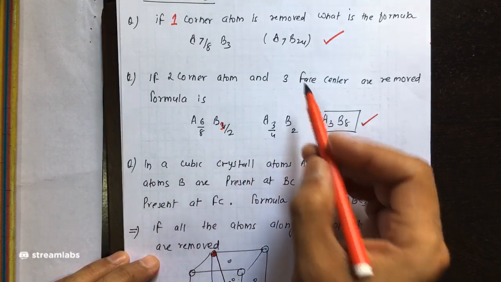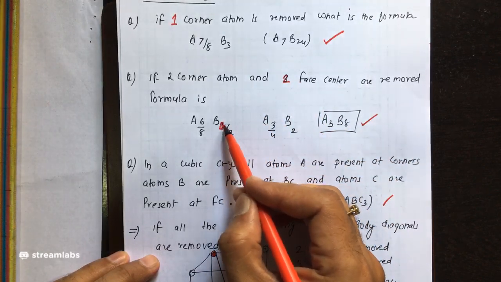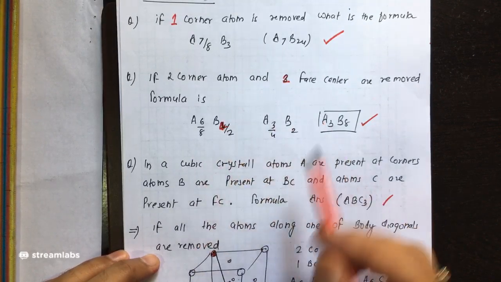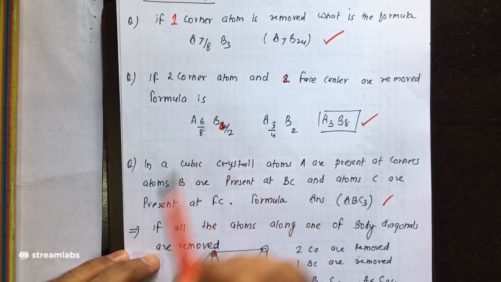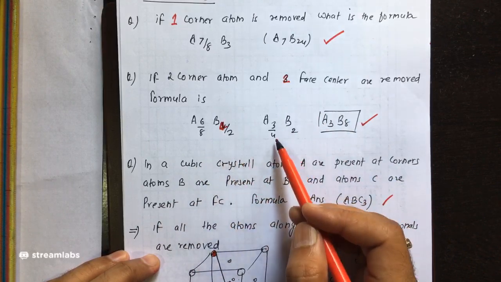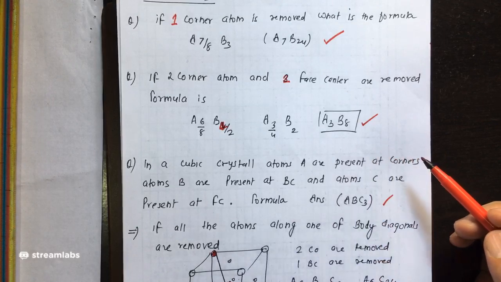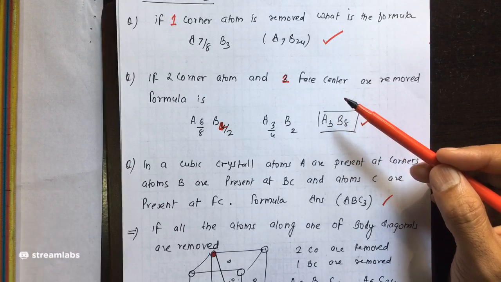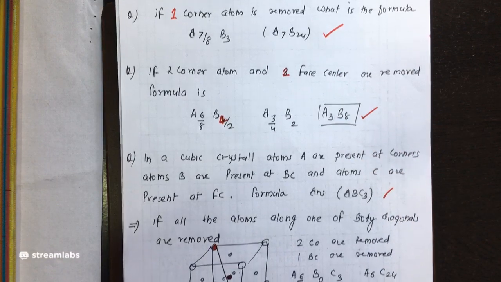And if 2 face centers are removed, then 4 will be remaining. So make it like this: 2 corner atoms and 2 face centers are removed. 2 corner atoms removed, 6 by 8. 2 face centers removed, it is 4 by 2, it is 2, so it is A3 by 4, 2, so it becomes A3B8 is the formula of the crystalline solid. And if 3 are removed, it will become 3 by 2 because each face center has a contribution of half.